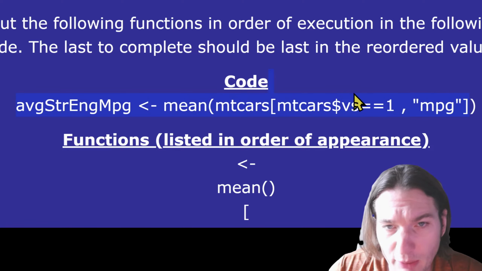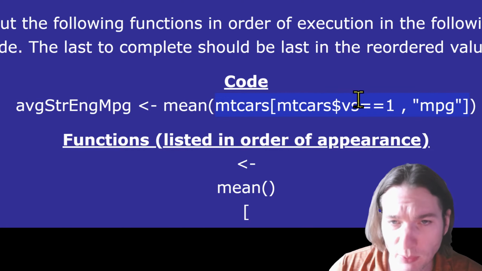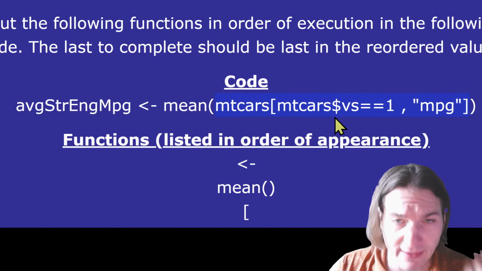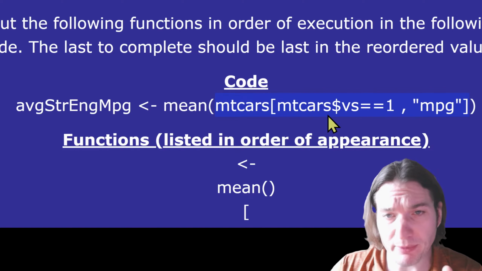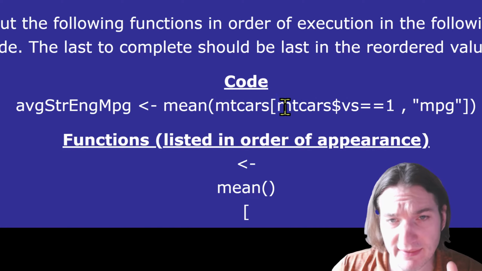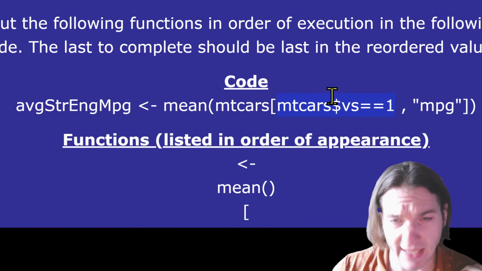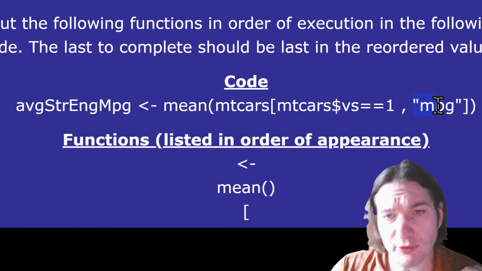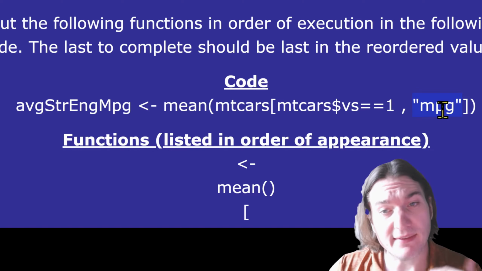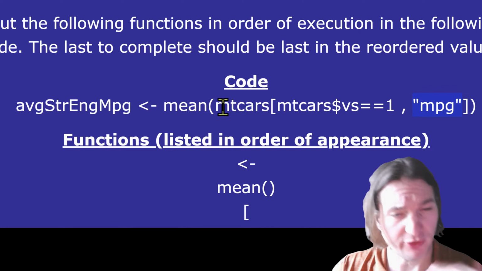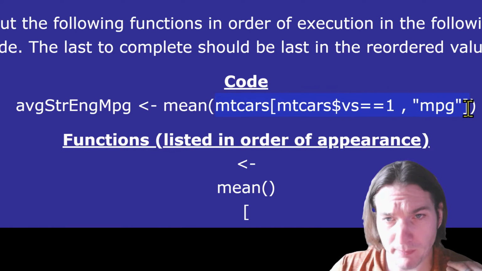This is probably a little bit tricky, but this is all one big step. Once the equals equals has finished, at that point, that is a single two-dimensional extraction that is simultaneously subsetting the rows based on this logical object resulting from the highlighted code, as well as subsetting to a single column of mpg from the mtcars. This is going to return a vector ultimately.